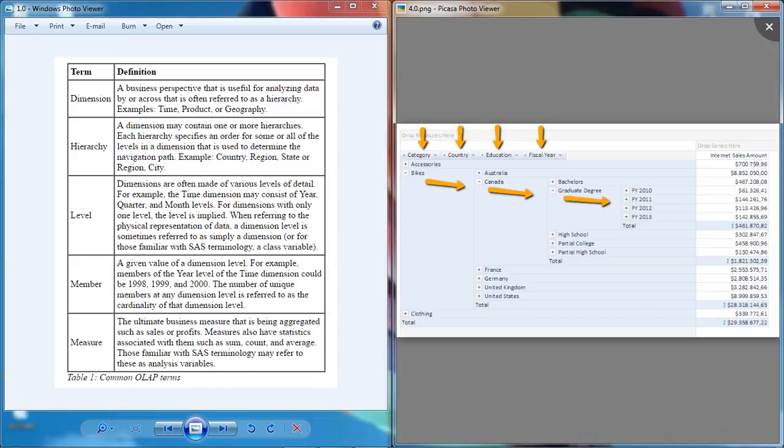So this whole was the level of flow, and each of these, like FY 2011, let's say, is a member of this fiscal year, and graduate degree is a member of this education. So here is how members are defined.